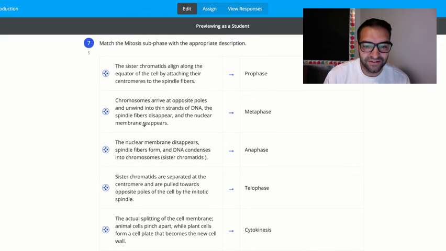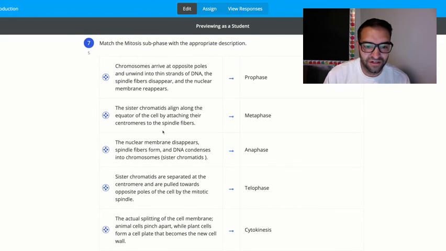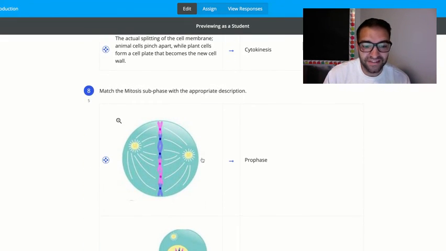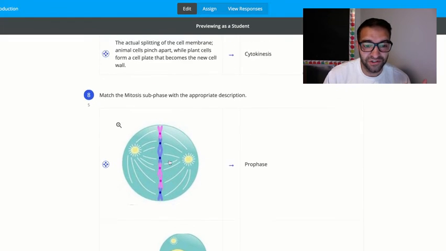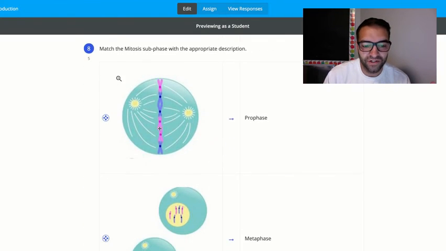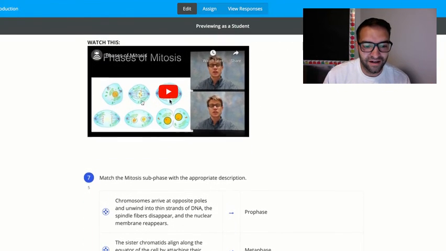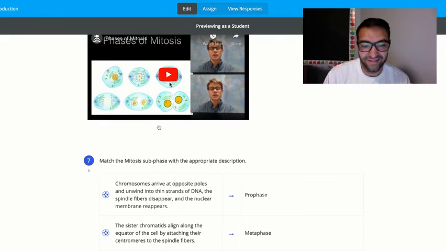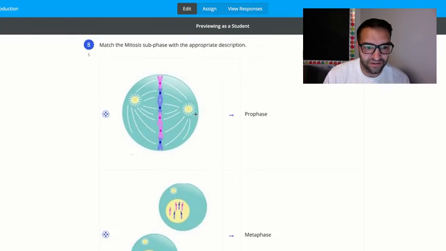So again, you read the descriptions and maybe click and match, and then see if you can get them all matched up. Then you're going to do the same thing with the pictures. These pictures are the same as these descriptions, so if you can get these descriptions in the right order, hopefully you can get the images. You'll see the images are not the exact same, but they're very similar. So feel free to watch the video again.